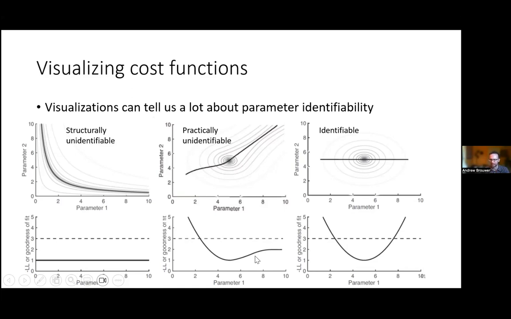And so the idea of practically unidentifiable is dependent on the level of significance, which some people find unsatisfying, but for practical purposes it is what it is. And on the right, we have our lovely likelihood well, where we have a curve with a finite confidence interval.